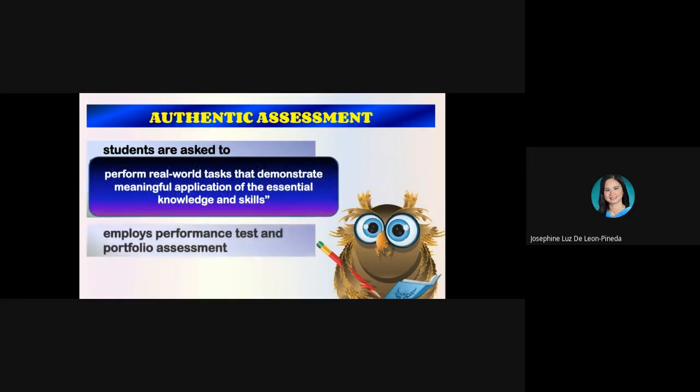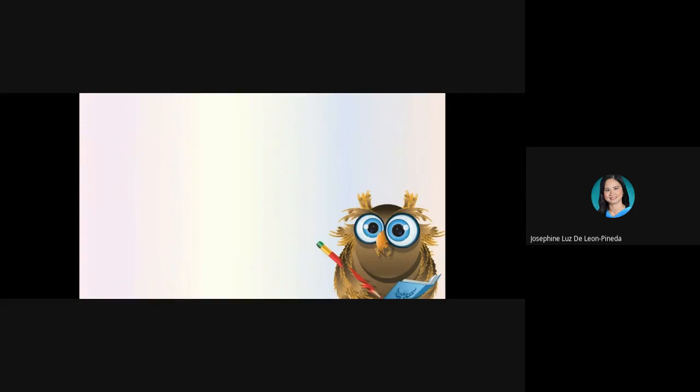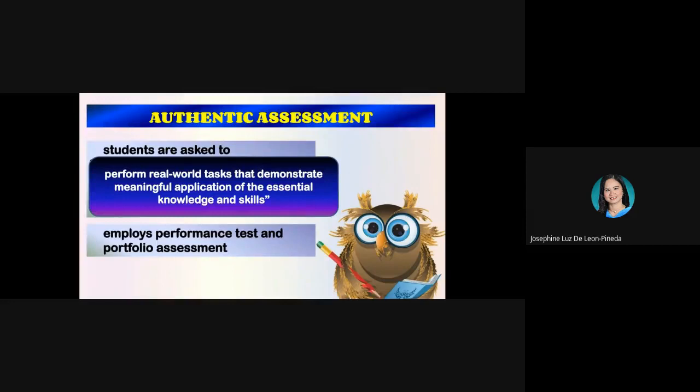I would like to highlight again that this requires students to perform real-world tasks. Okay, it employs performance tests and portfolio assessment. And what else? What else did I miss? So it is said that because they are involving real-world tasks, they are also likely to be more interesting for students and more motivating.